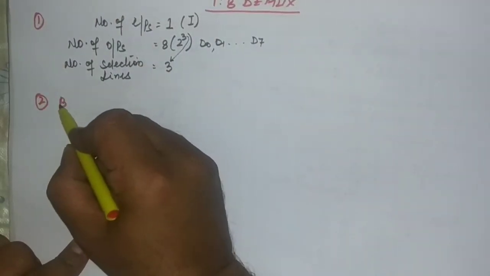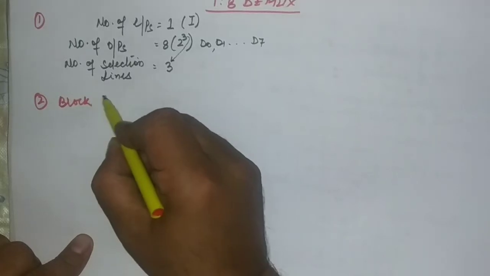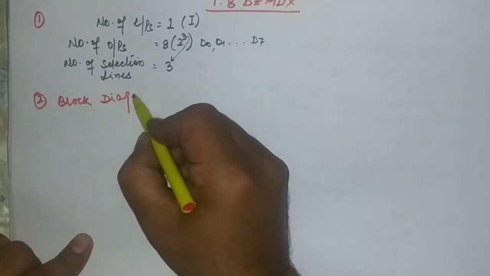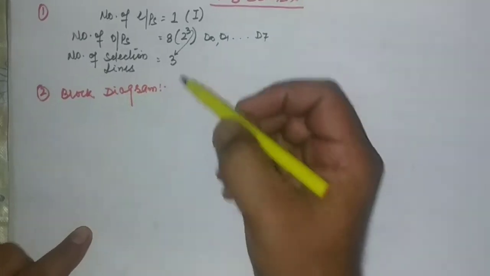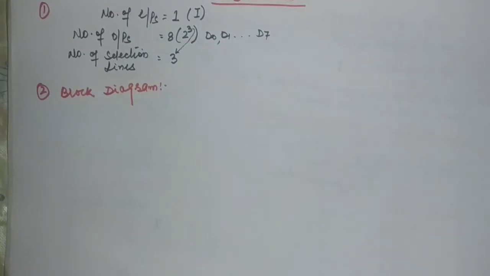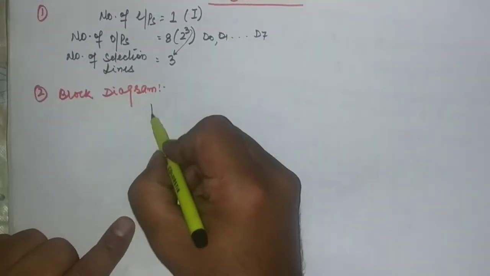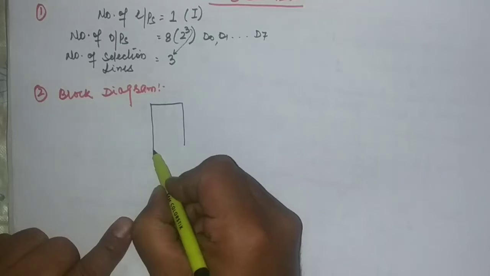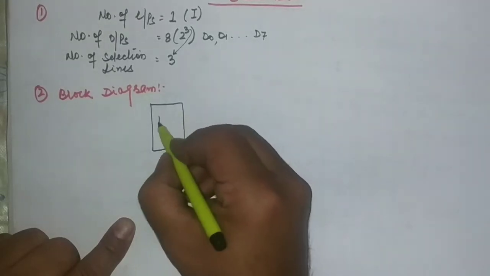The second point is its block diagram. This is the 1 to 8 demux.